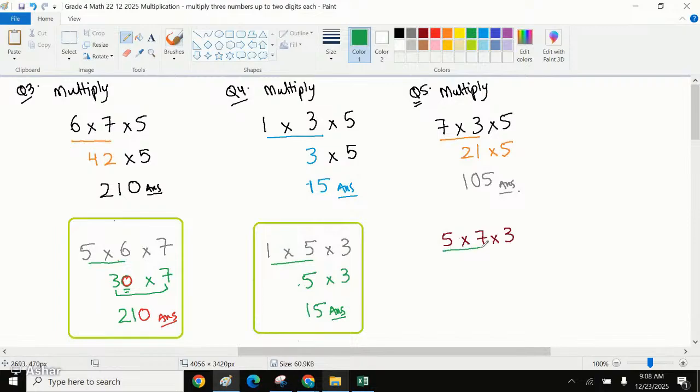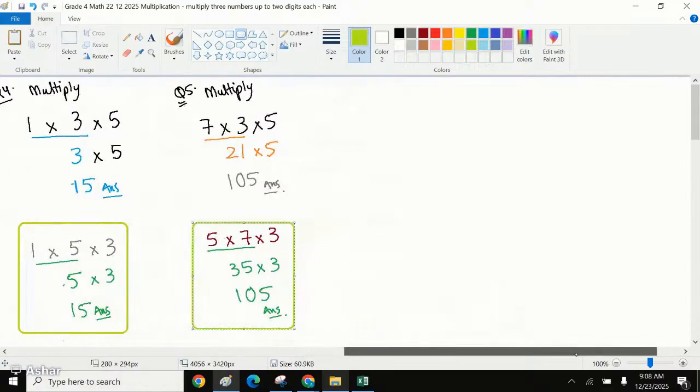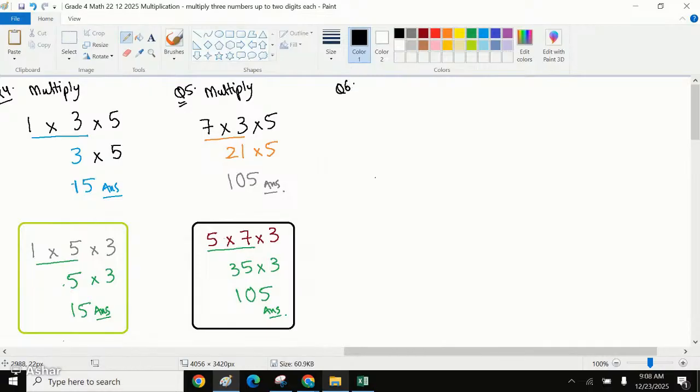So can we say 5 multiplied by 7 is 35, multiplied by 3, it would still come out to be 105 because the answer does not change even if the order of multiplication has been changed. Agreed? Let's look at the next question, question number 6. And they're asking us to multiply.